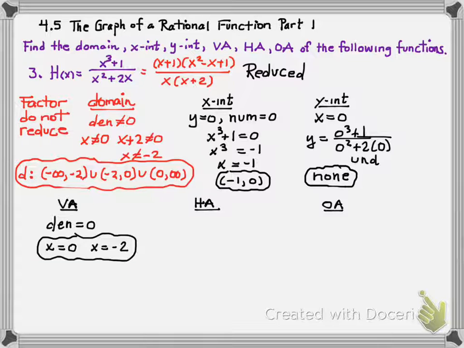That gives us an oblique asymptote, so we're going to have no horizontal asymptotes. Once again, the degree of the numerator is greater than the degree of the denominator by 1, which creates an oblique asymptote.